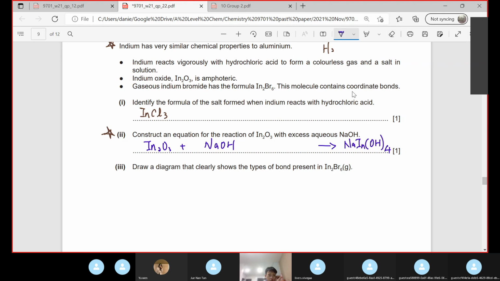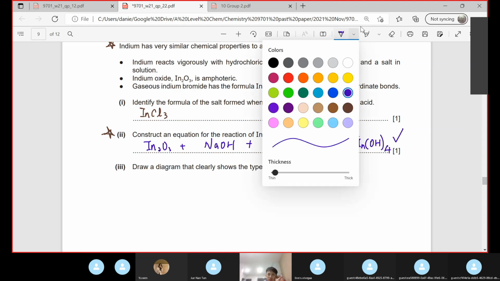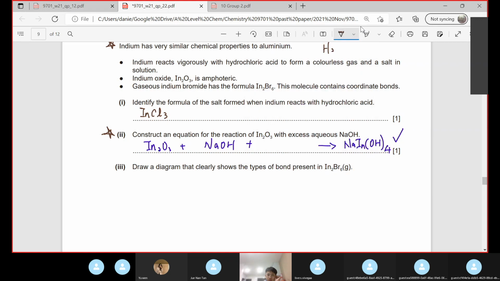This is something you need to remember: Na, In, then bracket OH4. Then balance it. When it comes to balancing, you will notice that In we have 2 here, so we need to balance 2 here. Oxygen 3 here, 4 there.